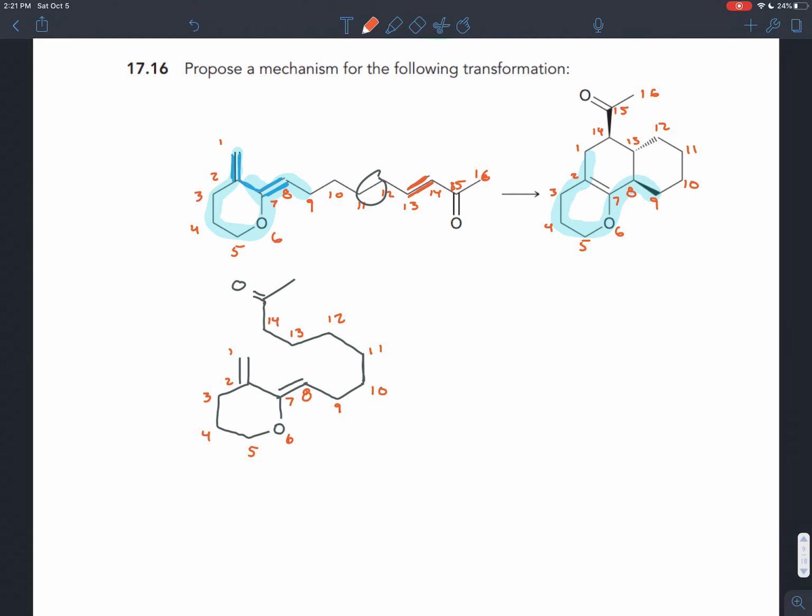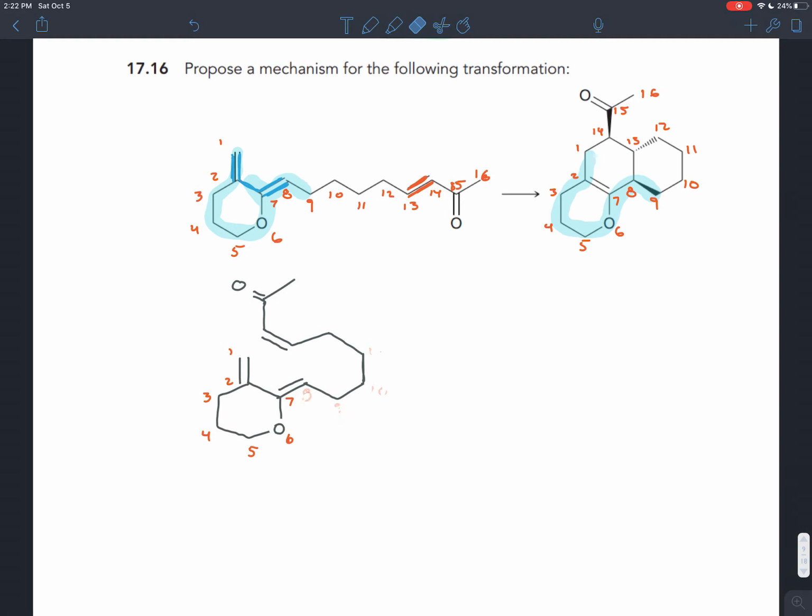Between 13 and 14 we have another pi bond. And so that would be the last of it. So we have that ketone at 15 and then the 16 hanging out at the top. And you'll see here that if you curl that straight chain back around by rotating a couple of those single bonds, we have a pretty nice setup for a Diels-Alder reaction.